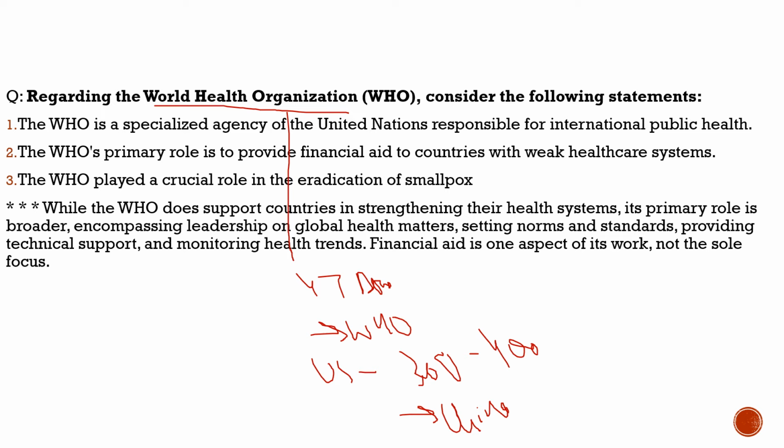So here we need to know what WHO is. Through this question we will understand that, and also what the impact would be of the USA withdrawing from it. Let's understand the impacts first. The first impact: as the US is going to withdraw, there would be a constraint on the funding for vital medicines.